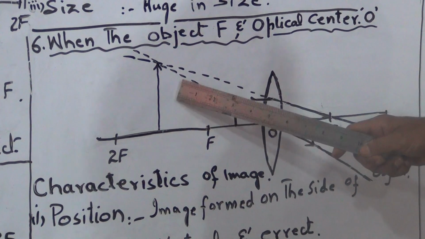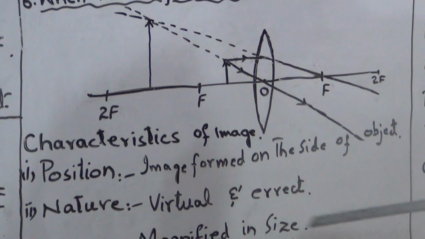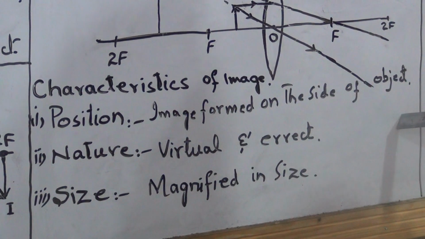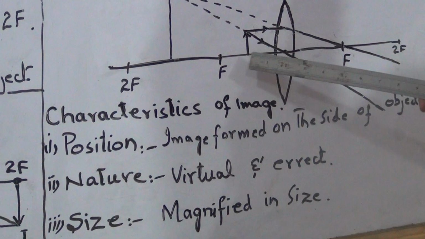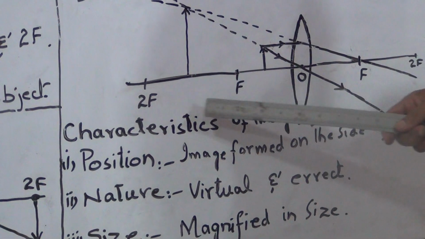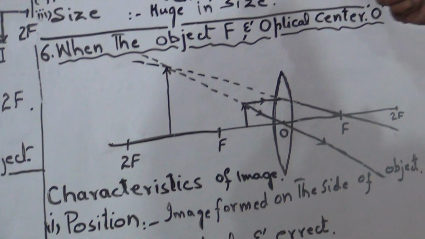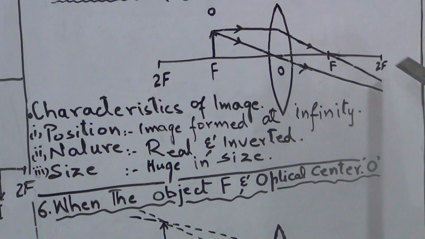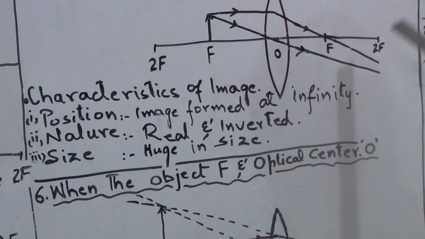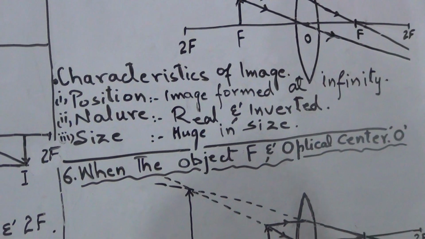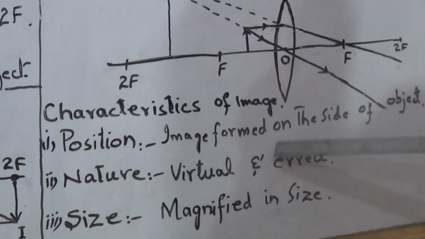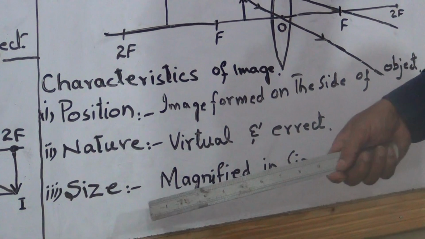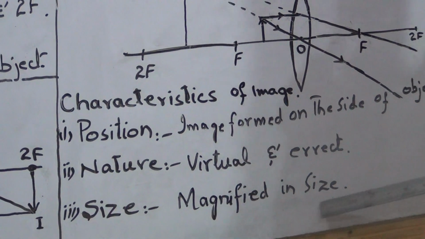Now the characteristics of the image: position, image formed on the same side of the object. Here is the object, here is the image. In the earlier cases the object is on one side but the image is on the other side of the lens. In this case, the image is formed on the same side of the object, virtual and erect, magnified in size.